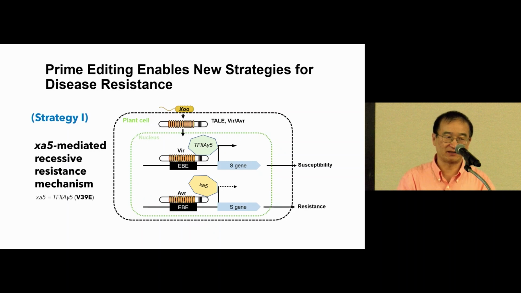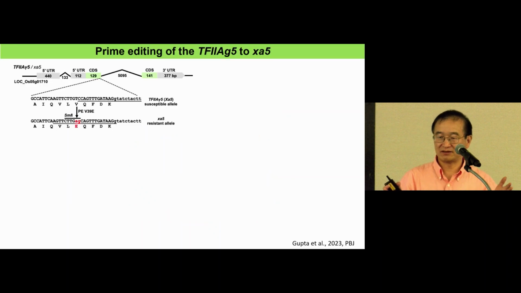So that provides the perfect example for prime editing, because we only need to find the two base pair change. So this is the gene structure, and xa5 contains one amino acid change from V to E, a two nucleotide change. That two nucleotide change creates one restriction site or one DNA recognition site.